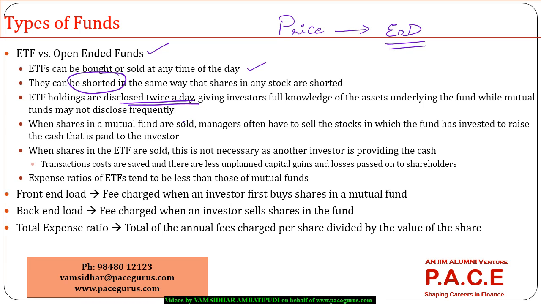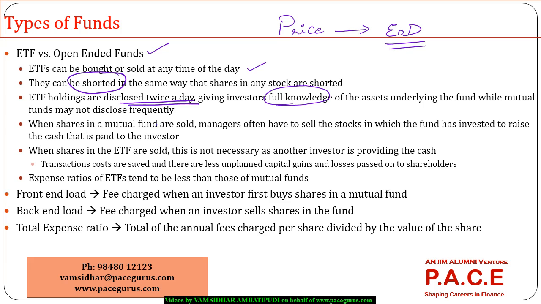How much the ETF is holding, what is the total number of assets associated with the ETF, those disclosures are done twice in a day. So the investor is having full knowledge of all the assets that are underlying the fund. Whereas that is not a necessary rule in case of mutual funds. The mutual fund manager need not disclose the composition of the assets that frequently.